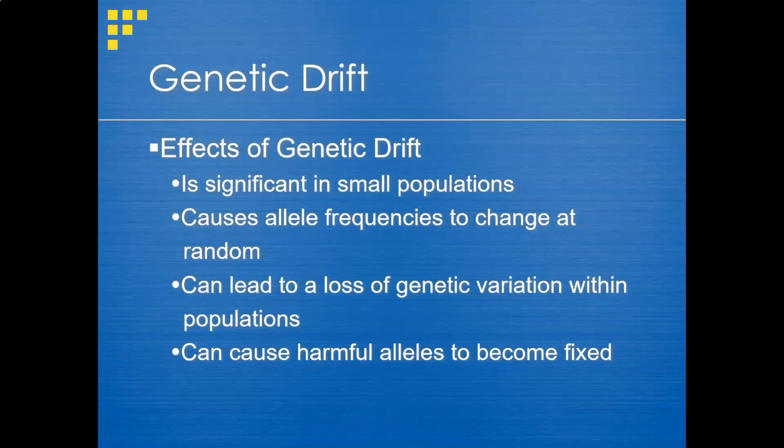First and foremost, it is a significant problem in smaller populations. It also means that those allele frequencies are happening at random, and as a result of that randomness, we can get alleles that get fixed in populations that aren't necessarily the beneficial ones. Overarchingly, we're losing genetic variation within those populations, and that's a problem.